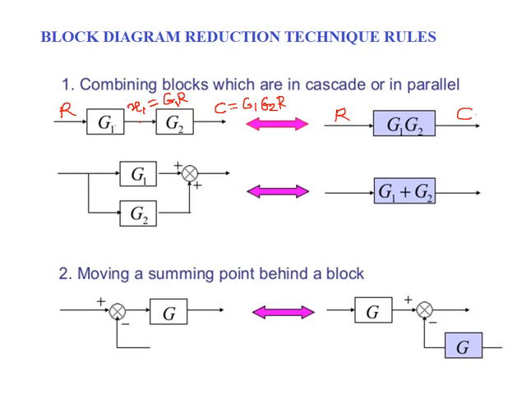So C is equal to gain into input. What is gain here? G1G2 into R. So these two outputs are matching. When two blocks are connected in series or cascade, the resultant will be the multiplication of gains.